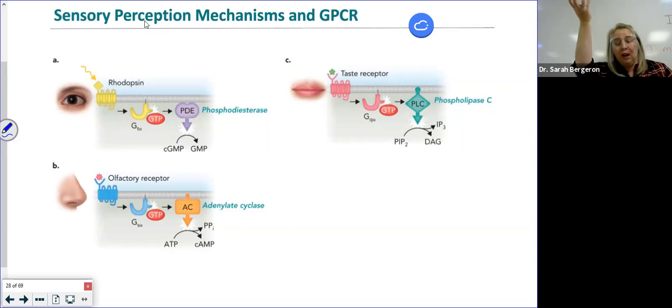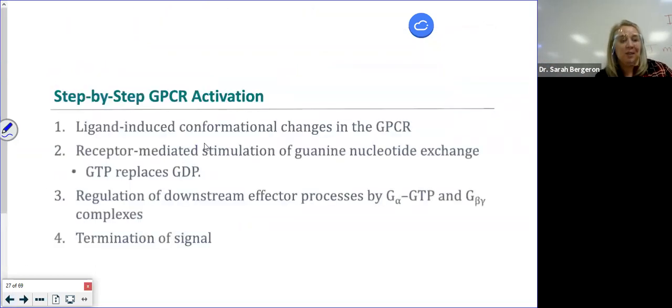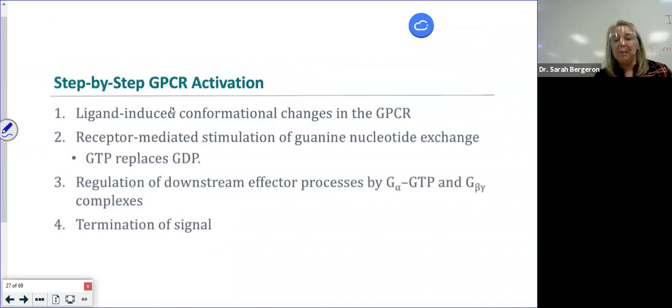So the extracellular side is going to have to be unique to the ligand, and then the cytosolic side is going to have to be specific for interactions with the specific G proteins. Yeah, exactly. Okay. So what happens in a general mechanism for G protein coupled receptor activation?